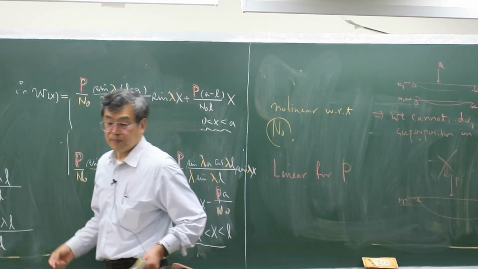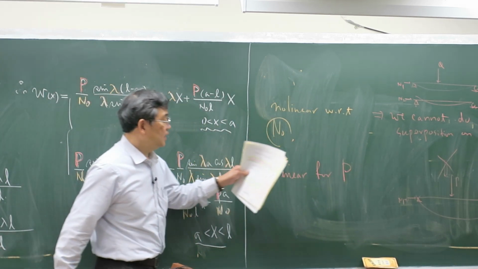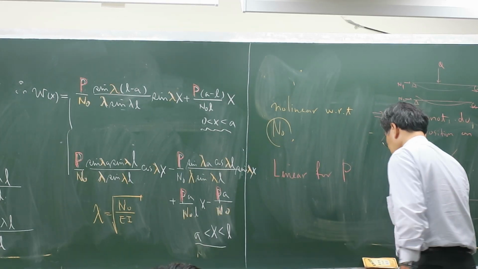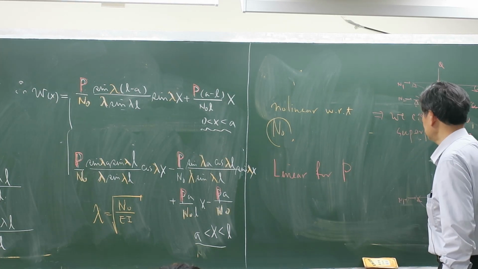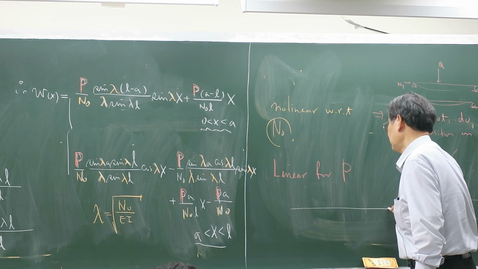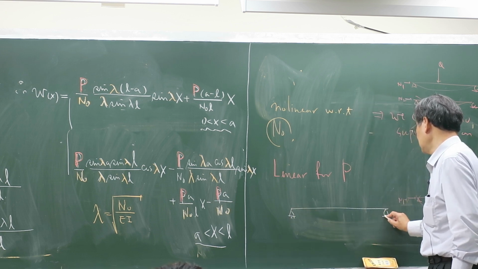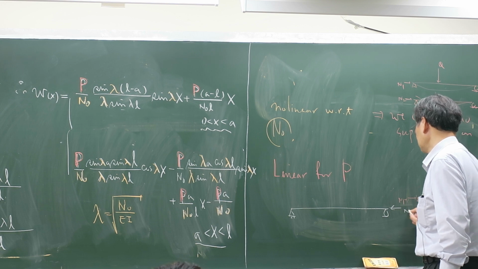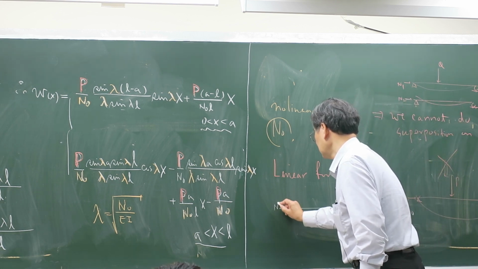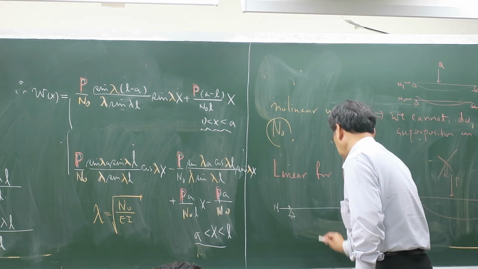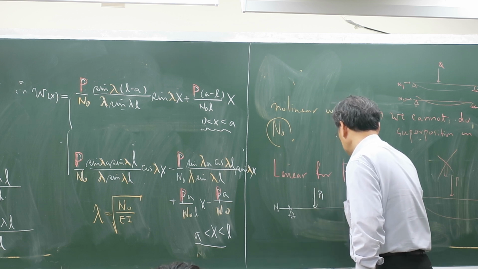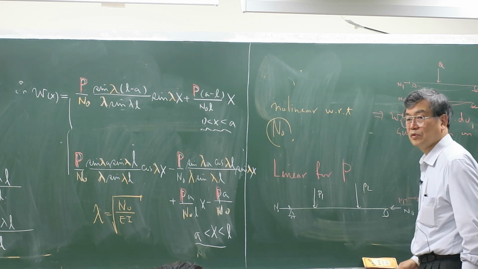Okay, but for P you can use this solution to do some problem for this roller, and we have N0. And we have like a P1, P2.